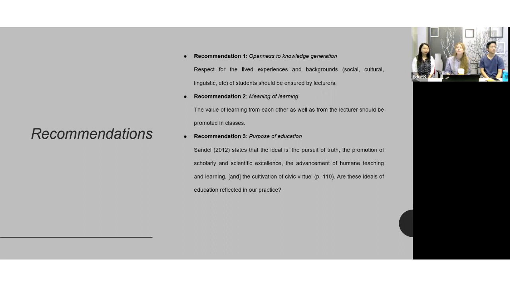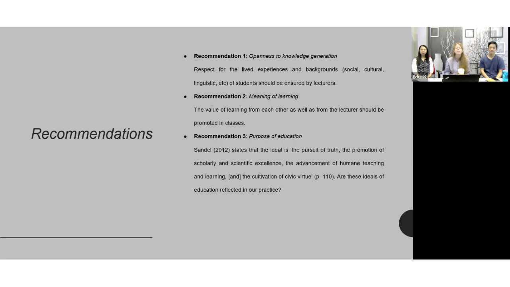Our students, just because they don't have letters behind their names, doesn't mean that they're not valuable knowledge holders, and they have to be respected as such. We can learn, and they can contribute to their education. They just need a lecturer who is open to allowing them to do that. We can actually learn a lot from our students as well. So recommendation number one: be open to new kinds of knowledge generation from students.